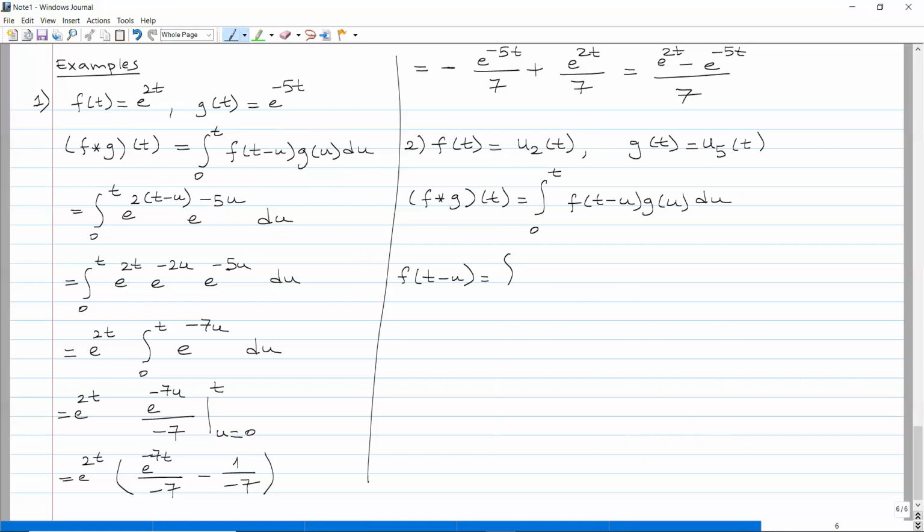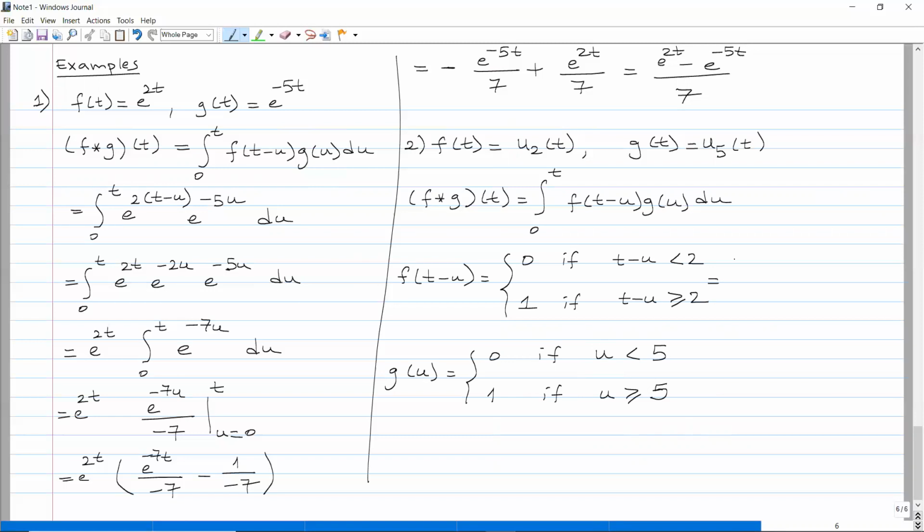This is going to be 0 if t minus u is less than 2, and 1 if t minus u is greater than or equal to 2. And g of u is 0 if u is less than 5, and 1 if u is greater than or equal to 5.